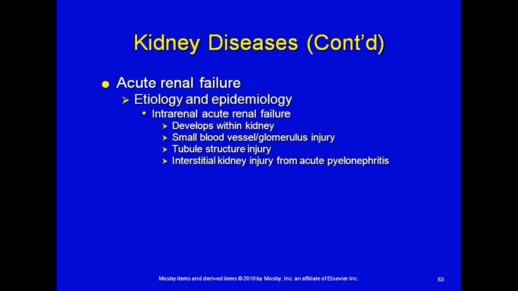Intrarenal acute renal failure develops within the kidneys themselves, and this may occur from the small blood vessels, or a glomerulus injury, or tubule structural injury, or interstitial kidney injury from something like an acute pyelonephritis.